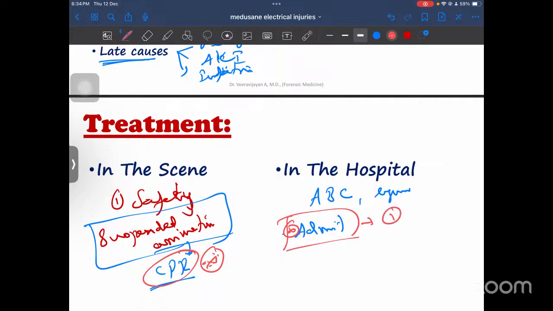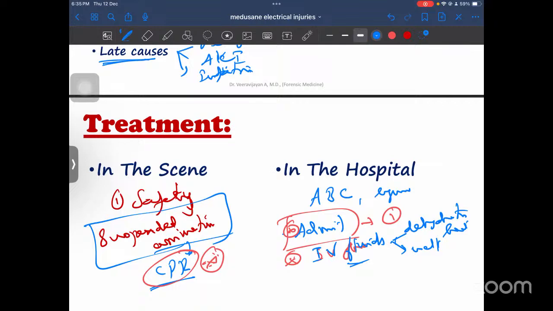That is the one point. Another one is IV fluids administration. In the case of electrocution, IV fluids administration is very, very important, even though vitals are stable. The reason is we have to prevent dehydration due to heat effect. Another one is, good hydration will prevent rhabdomyolysis and further AKI.